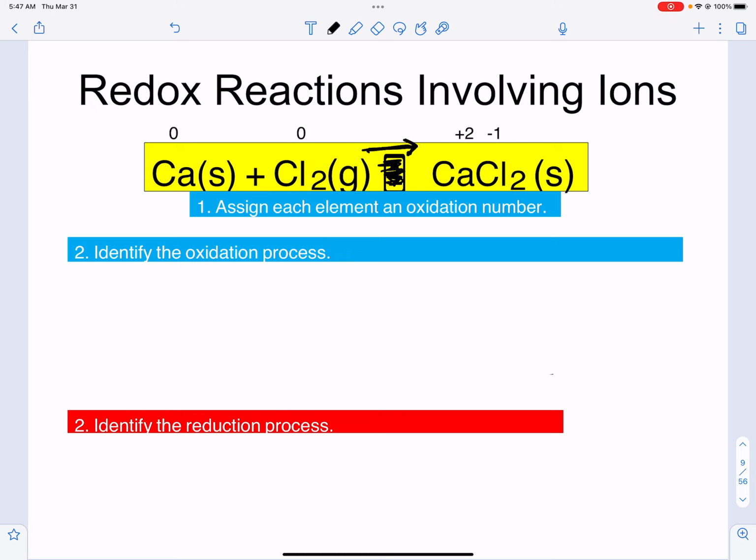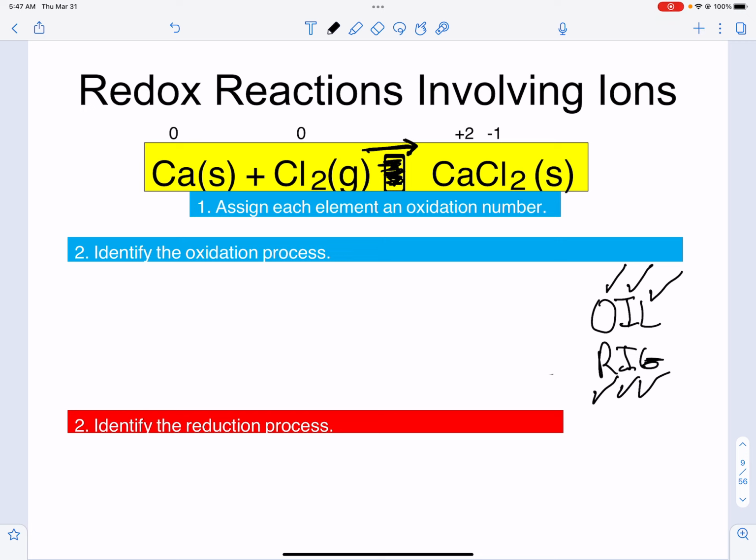So we're going to identify the oxidation process, and we're going to identify the reduction process. Remember, most likely you saw this during your 1411 class. OIL RIG, meaning oxidation is losing, reduction is gaining, and we're talking about electrons.